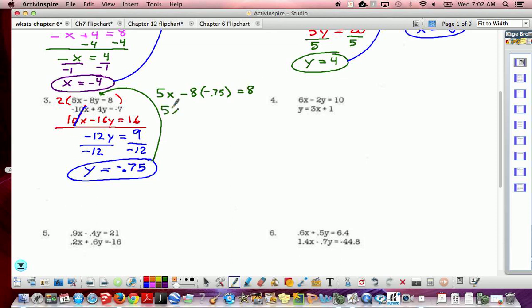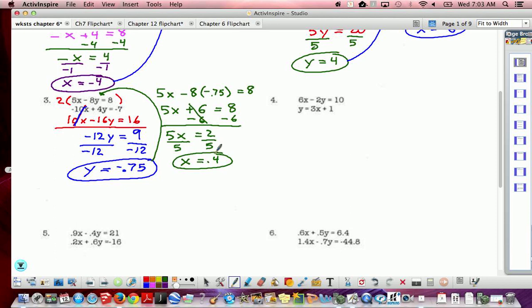Now I have 5x, a negative 8 times a negative 0.75 is a positive 6. So now I'm going to do minus 6 from both sides. So I have 5x, 6's cross out, equals 2. Divide both sides by 5. 2/5 is 0.4. And I have my answer.